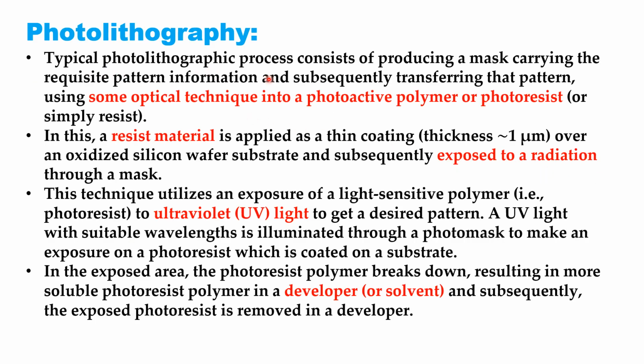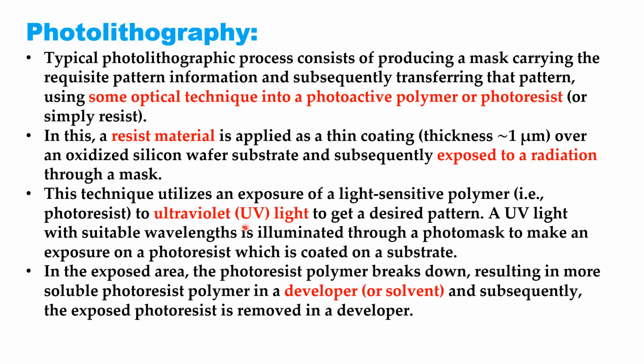And in case of photolithography, a mask is used to make the pattern, and an optical technique is used on the polymers or photoresist to get the structure on the substrate. The photoresist material is applied as a thin coating over the silicon wafer substrate, and then it is exposed to radiation or UV light.